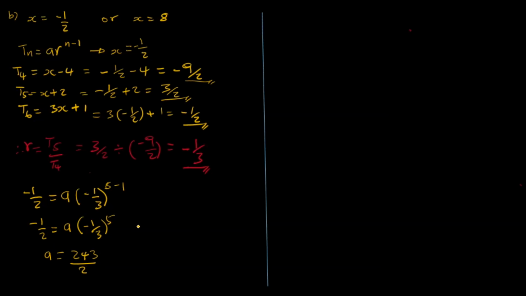All right. Therefore, the general nth term will be 243 over 2. This is your A. And then R is minus 1 over 3, and n minus 1.